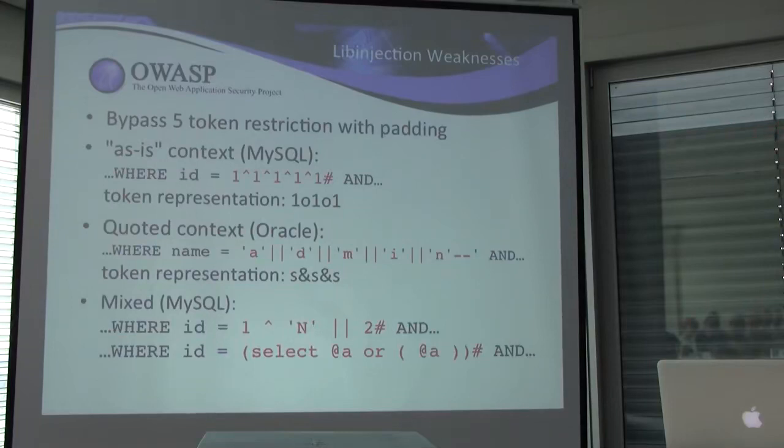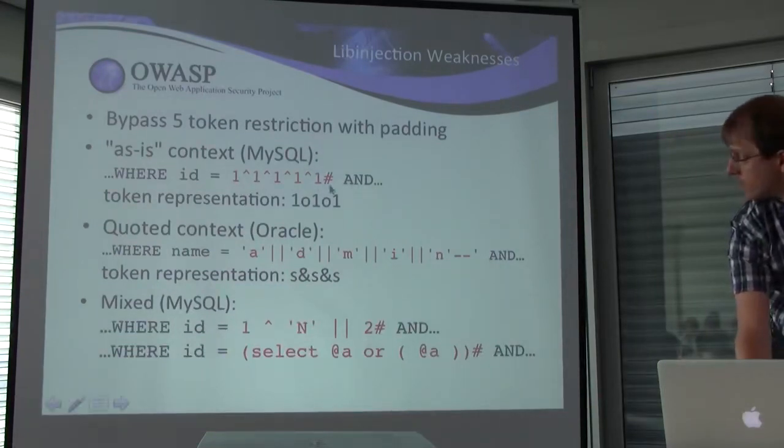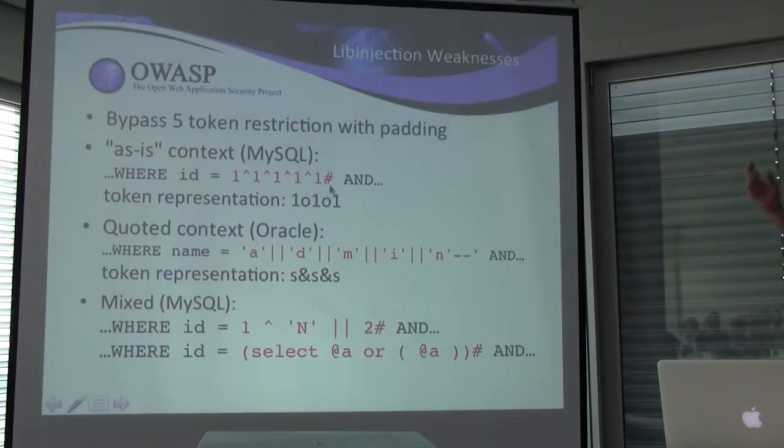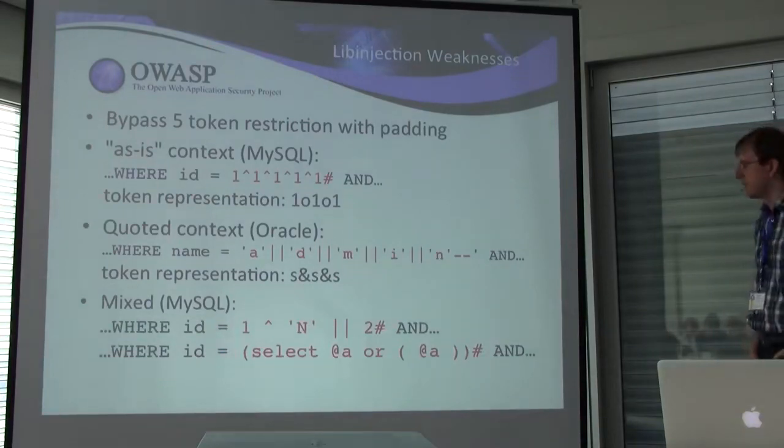And with this padding string, you can basically hide your real attack. And the real attack in this case here is the comment symbol. So it could also be a semicolon where you start a new command, and so on. There is also injection possible when you are in a quoted context where you, for example, can use the concatenation symbol to circumvent your attack.